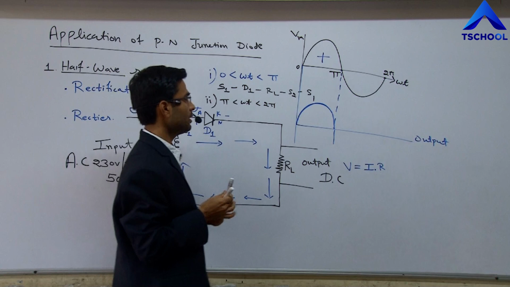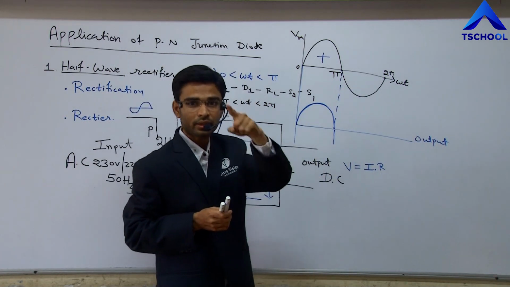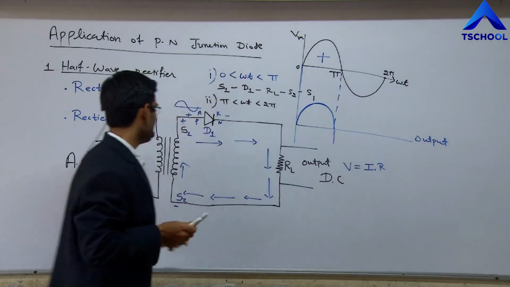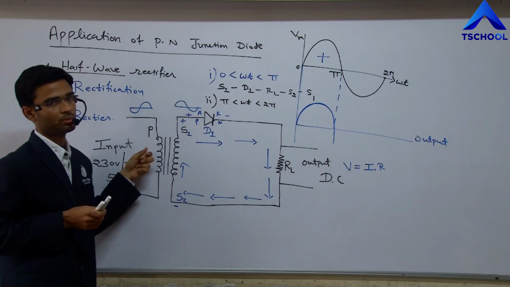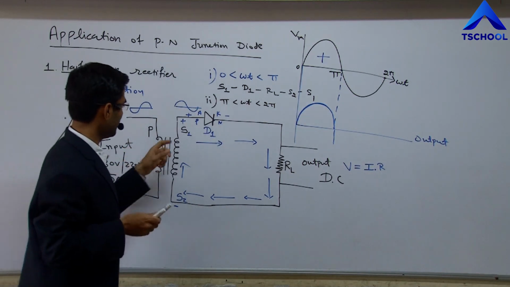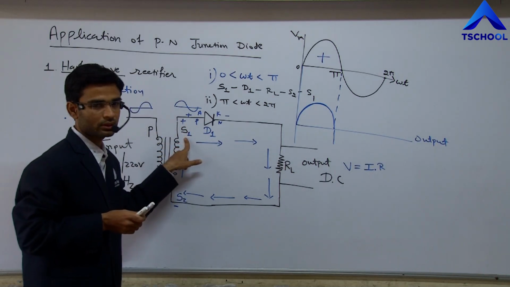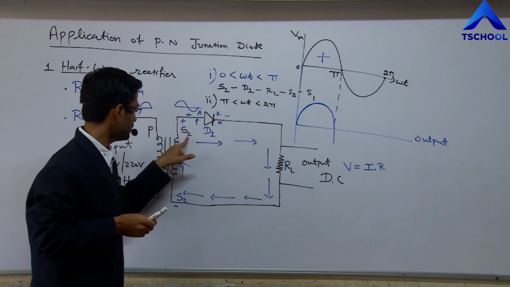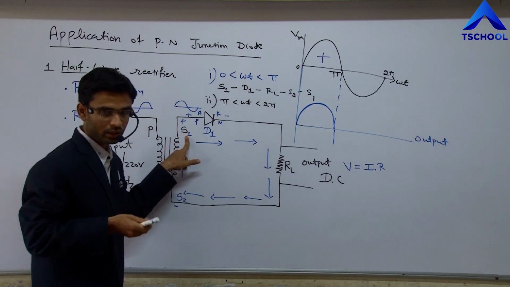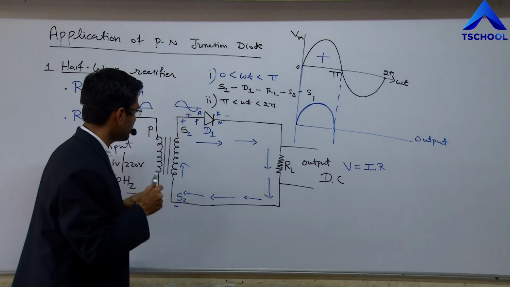During the second negative half cycle, when it is given to the primary winding of this transformer, at that time the S1 terminal of the transformer becomes negative.